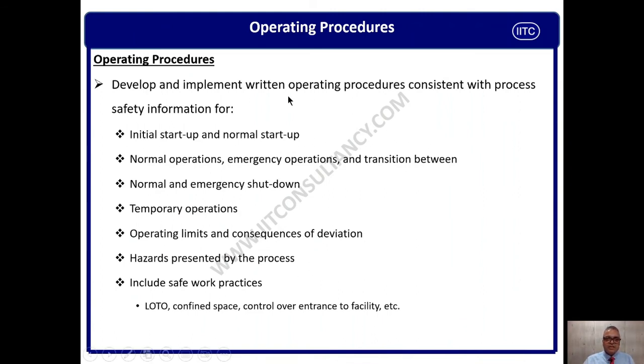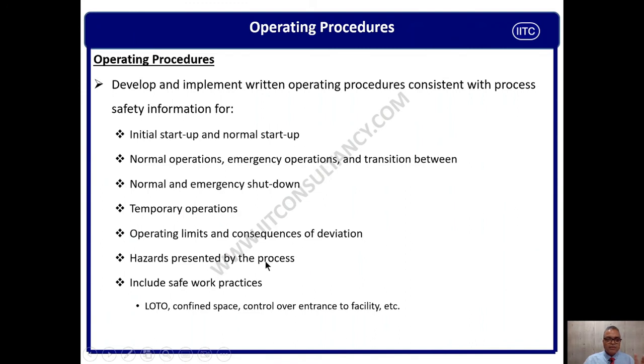Develop and implement written operating procedures consistent with process safety information for initial startup, normal startup, normal operation, emergency operation, transition between normal and emergency shutdown, and temporary operation. Operating limits and consequences of deviation must be there in this system.